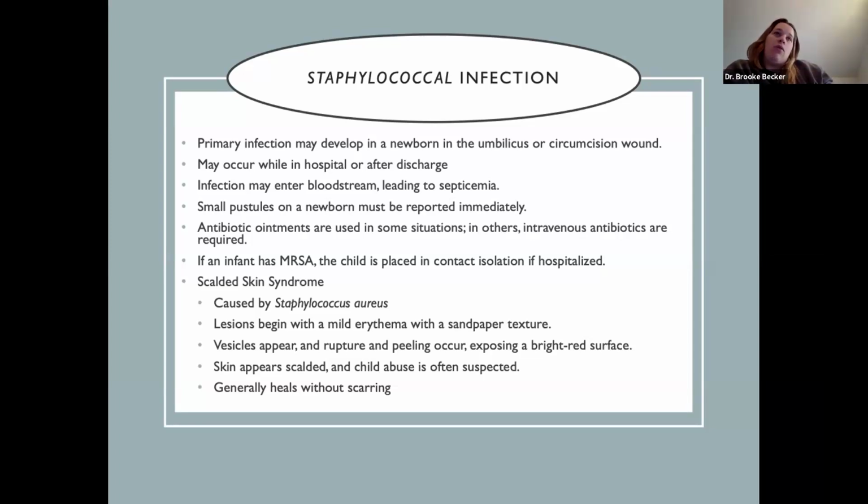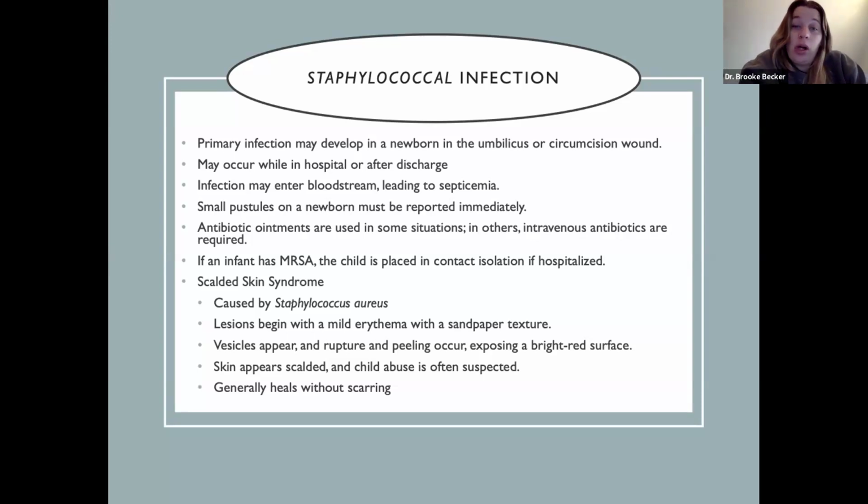Obviously, if the area starts to get really red, has a smell to it, or is having abnormal discharge, or fever, of course, those would all be signs of a potentially concerning infection. Okay. If infections are not caught early enough, then that staph can enter the bloodstream and cause sepsis or septicemia. Okay.